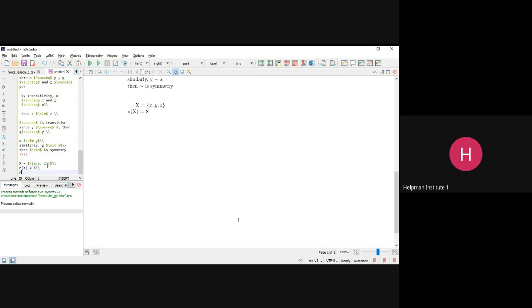The cardinality is the number of elements in that set. How many elements do we have in this set? Who can tell me? What are the numbers of elements in this set? Anybody?